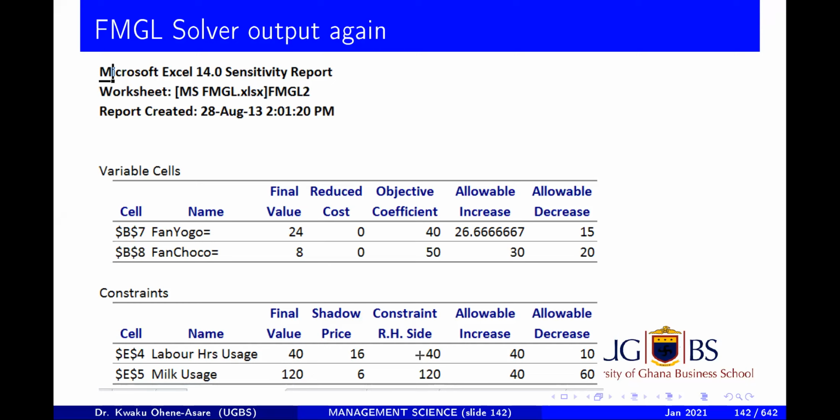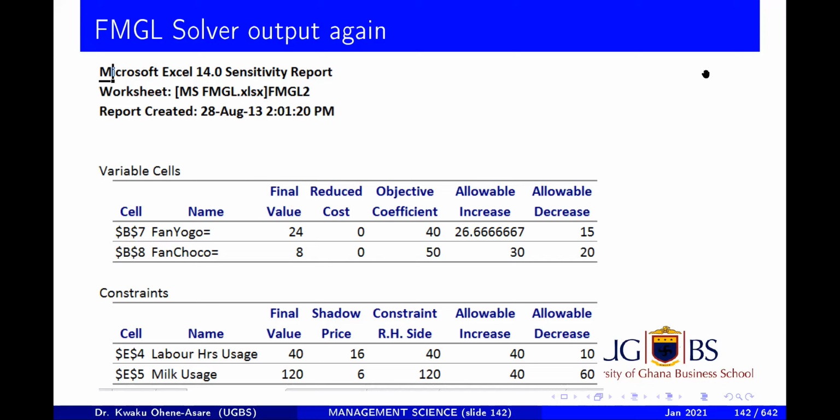A binding constraint is where there are no slacks. Write it down. A binding constraint is where the final value equals the right-hand side, or where the left-hand side equals the right-hand side. A binding constraint is where there are zero slacks, because when there are no slacks, then the left-hand side is equal to the right-hand side.